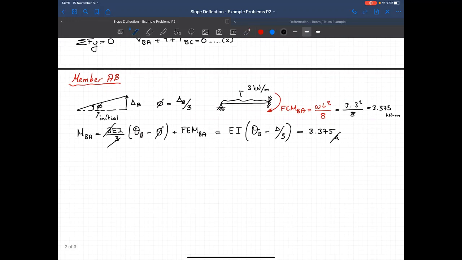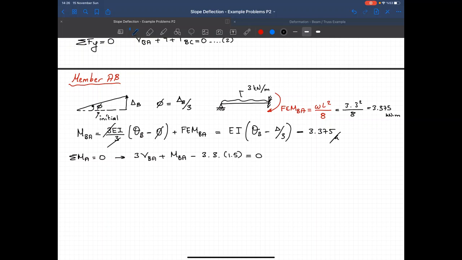So let's write it down. Sum of moments at A is equal to 0. This tells me that 3 times VBA plus MBA minus 3 times 1.5, which is the moment arm, should be equal to 0.